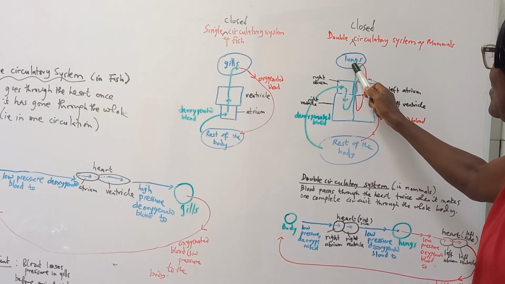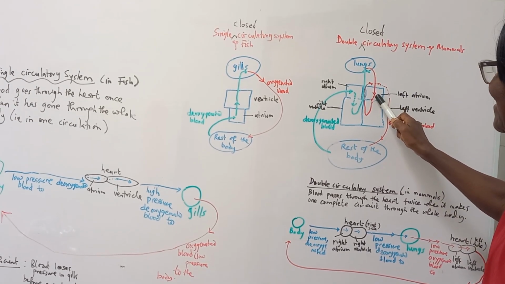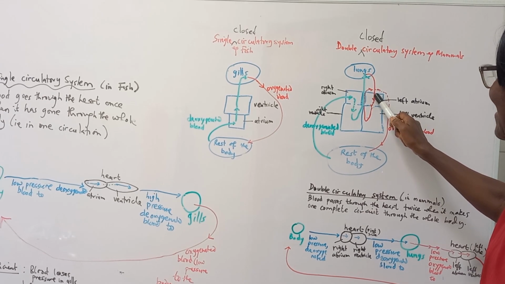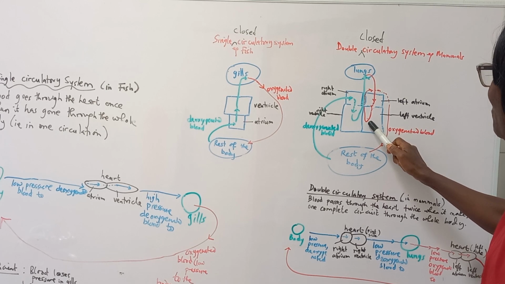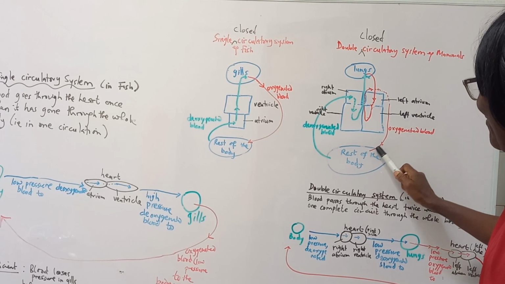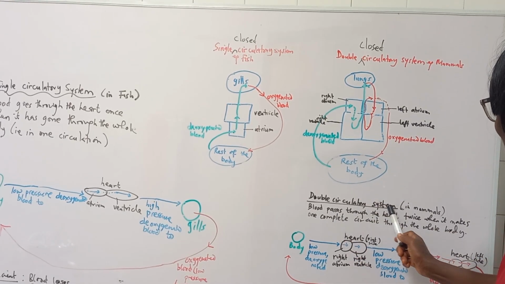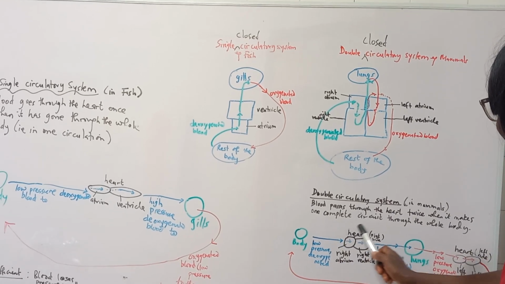So the blood goes back to the heart, but this time the left side, that is the left atrium. The left atrium pushes the blood into the left ventricle, and the left ventricle pumps this oxygenated blood with high pressure to the rest of the body. Very efficient.